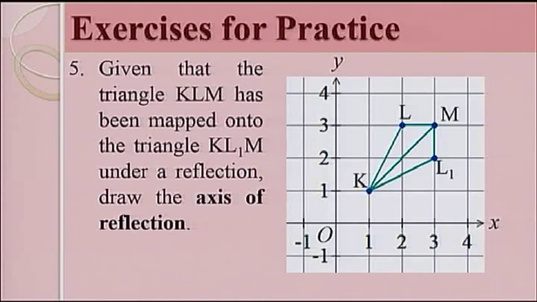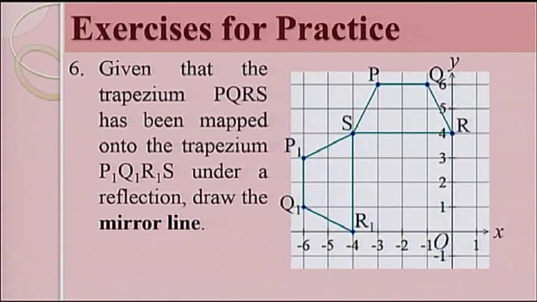You know what does that mean? Number 6, given the trapezium PQRS has been mapped onto P1, Q1, R1, and S. Okay? You have to draw the line of reflection, or the mirror line, or the axis of reflection.